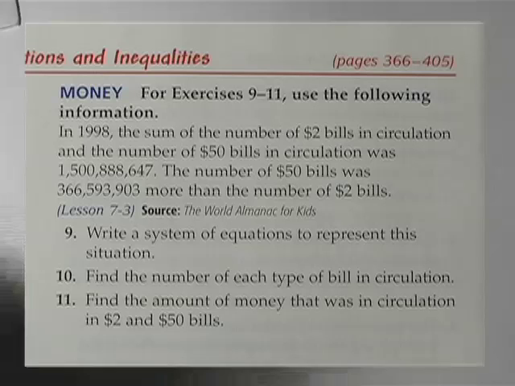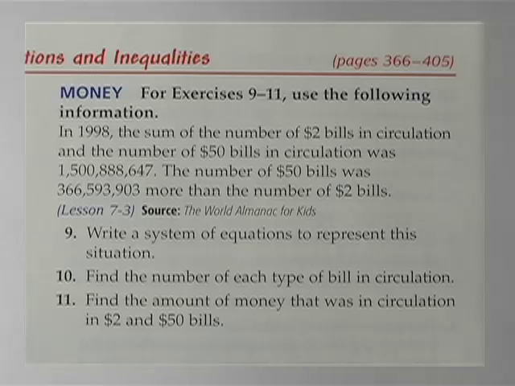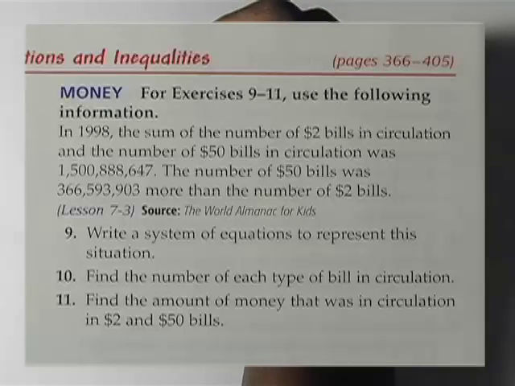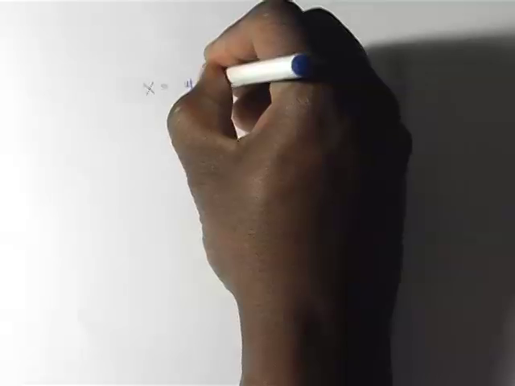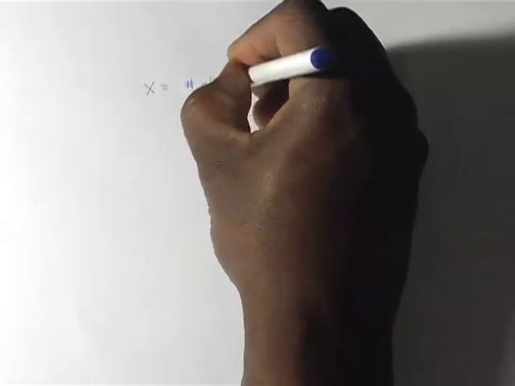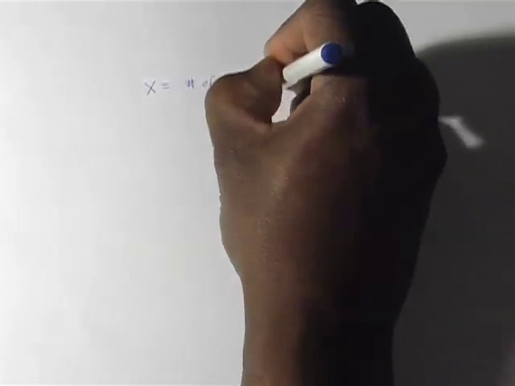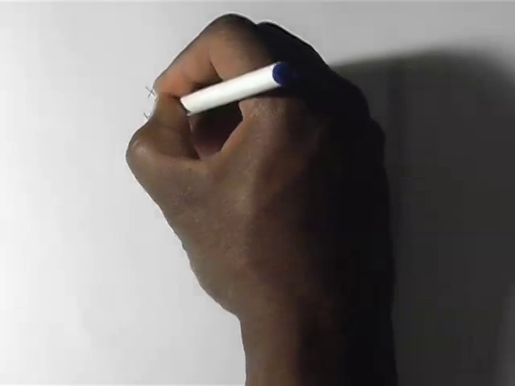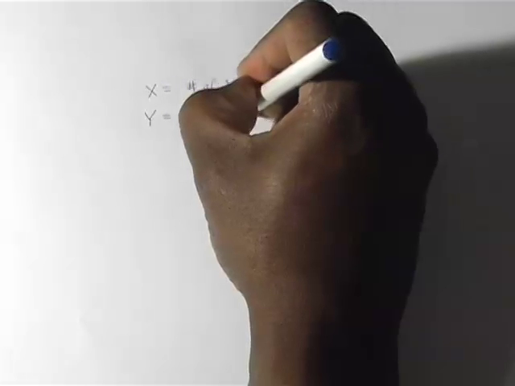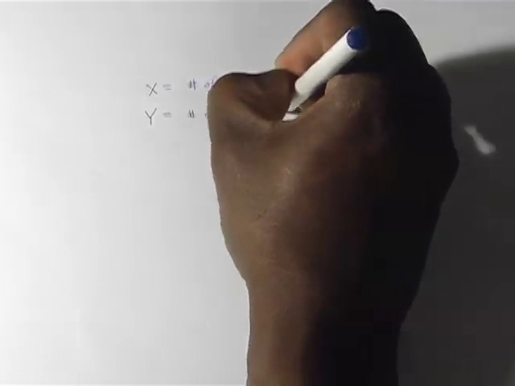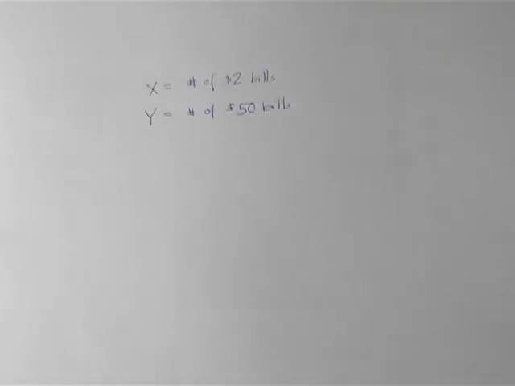The two things we're talking about here are $2 bills and $50 bills. So we can let our two variables represent those things. If we let X be the number of $2 bills and Y be the number of $50 bills, now we can apply the information that was stated in the problem.